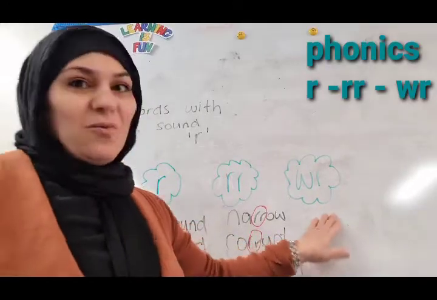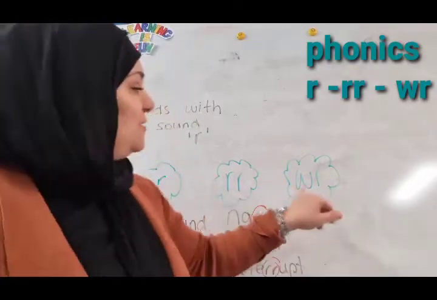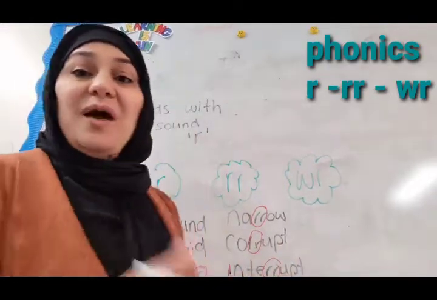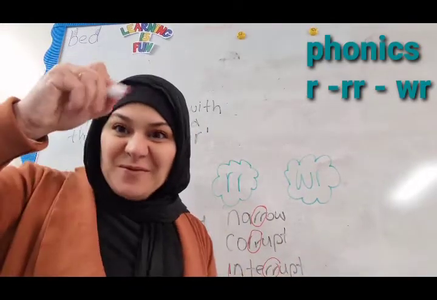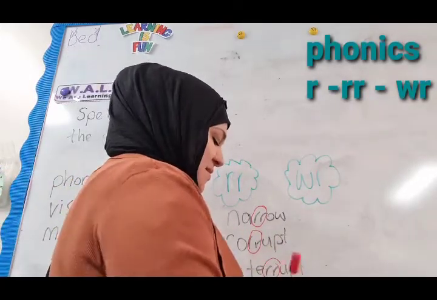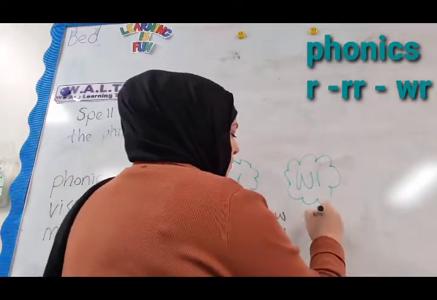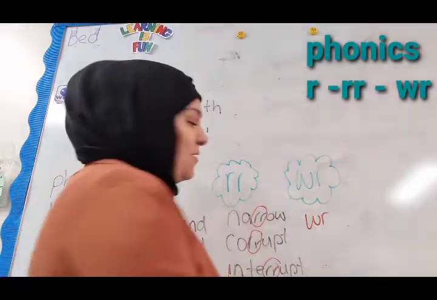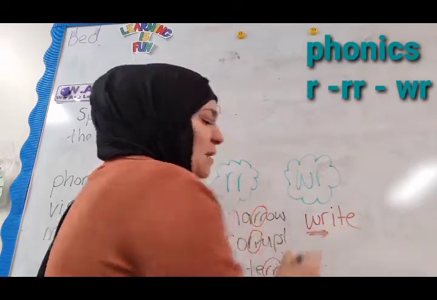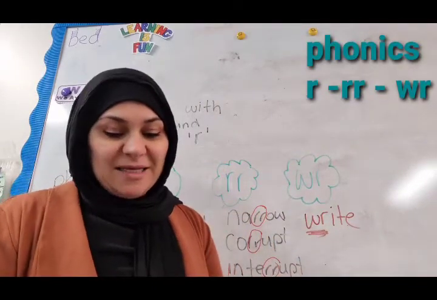Now, the most interesting way to make the sound is with a W and a R. Yes, so words that have a WR in it. Can anybody think of any? Yes, the word write, W-R-I-T-E, where WR makes the R sound.